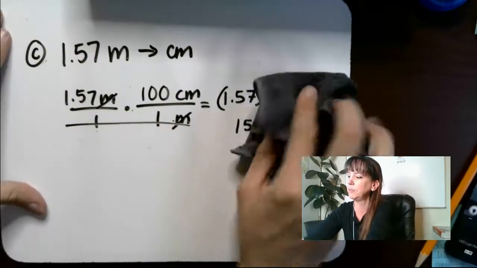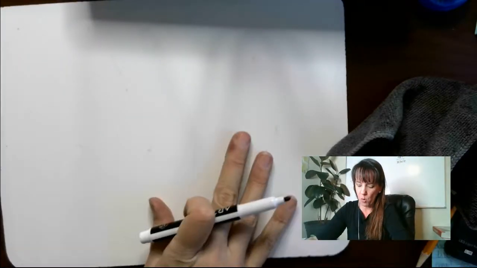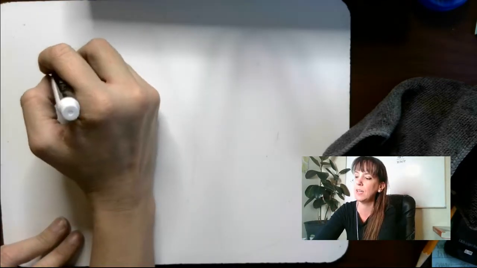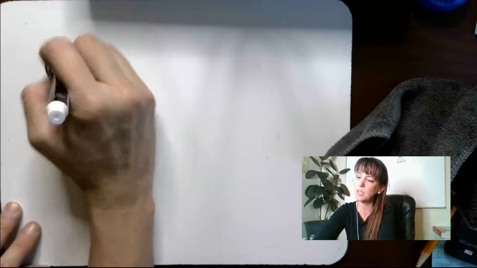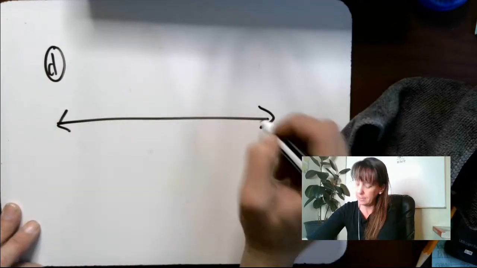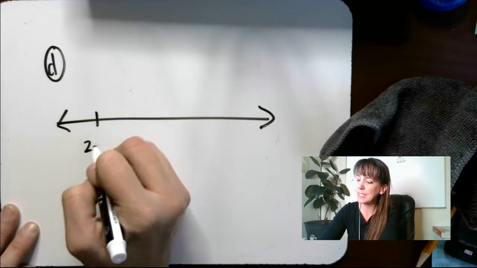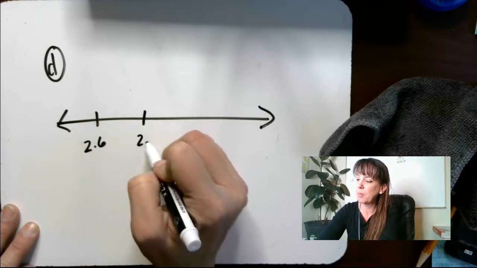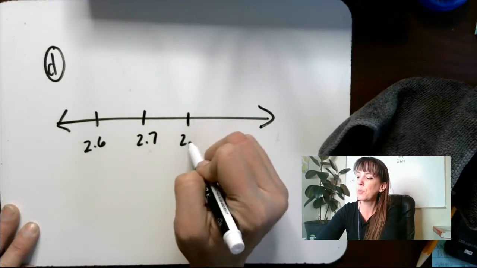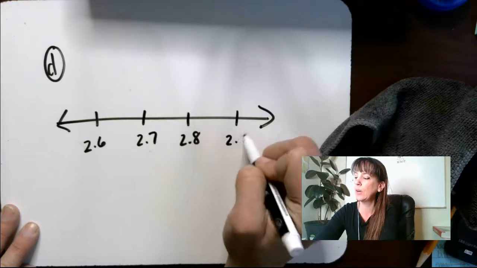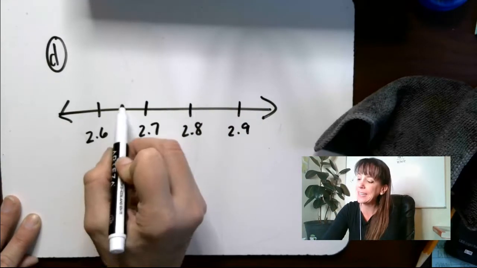Let's do D. What point on a number line is halfway between 2.6 and 2.7? This is a tricky one. Let's do this. We've got 2.6, 2.7, 2.8, 2.9. What's halfway between here?